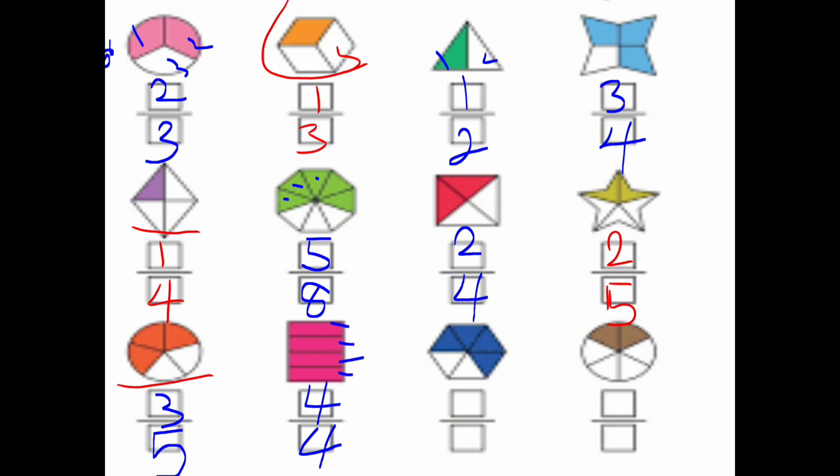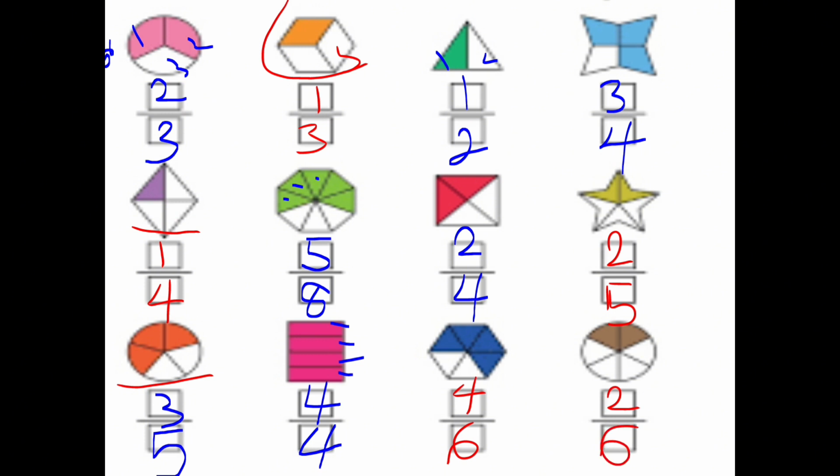So for the next shape, what is the fraction? 4 over 6. Very good. You can see it is very easy to figure out, right? Good. And for the last shape, we have what? 2 over 6.